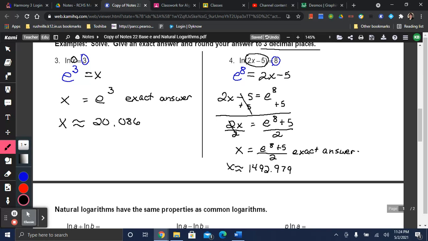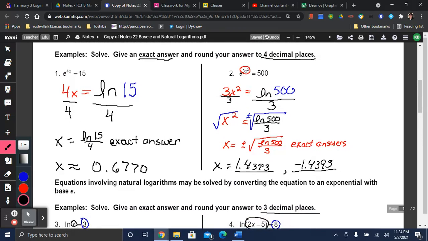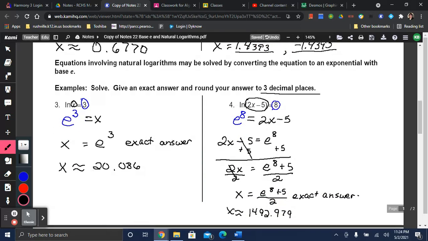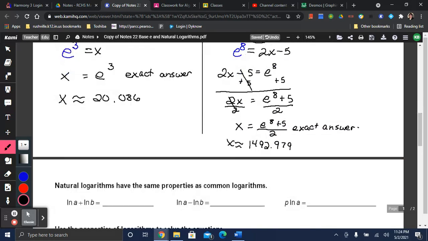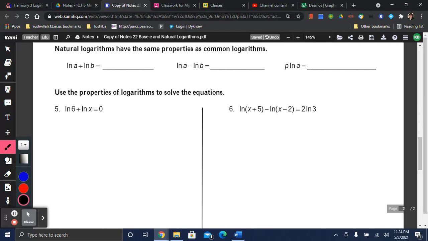Okay. So if you have e at the start, you convert to a logarithm. If you have a logarithm at the start, you convert to e. The one last twist in this is that just as we had with common logarithms, you have properties that let you go from multiple logarithms to a single.